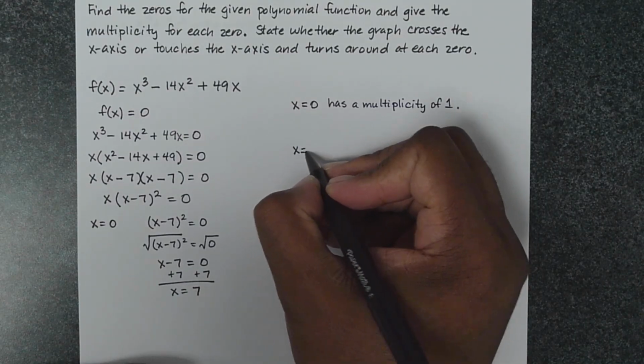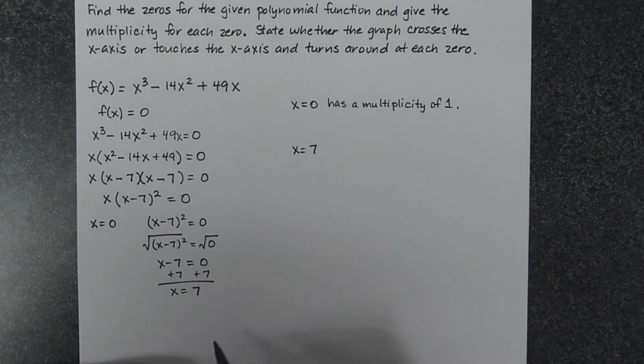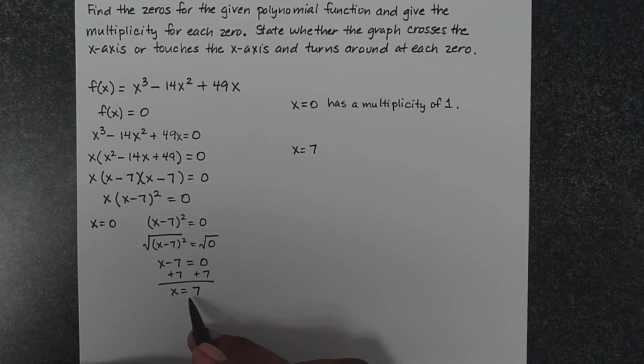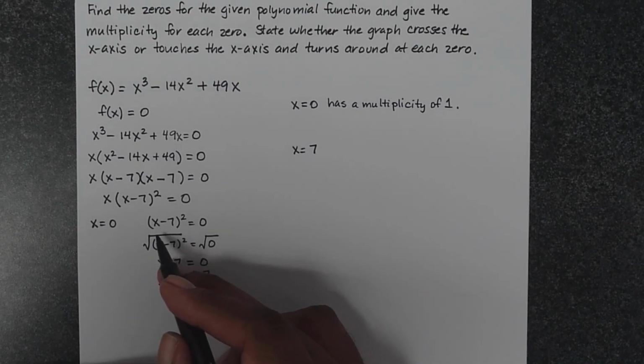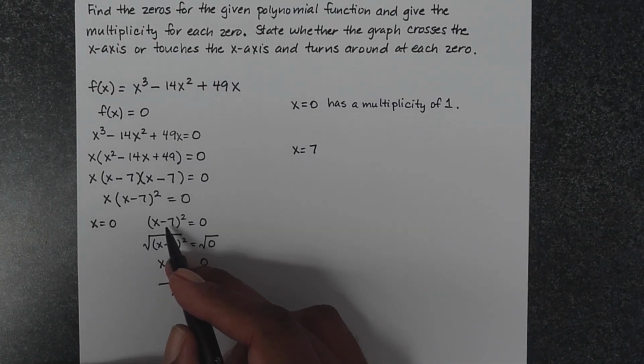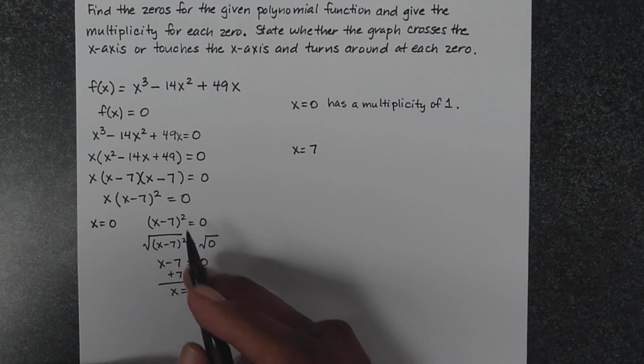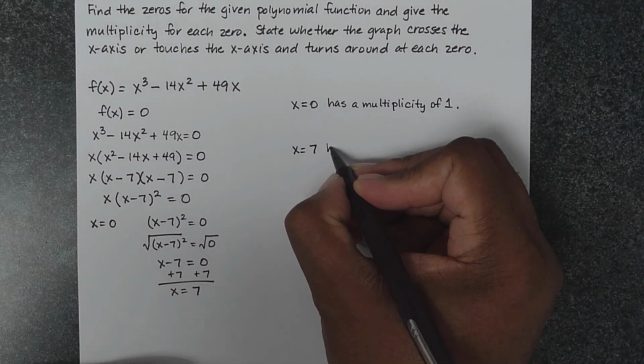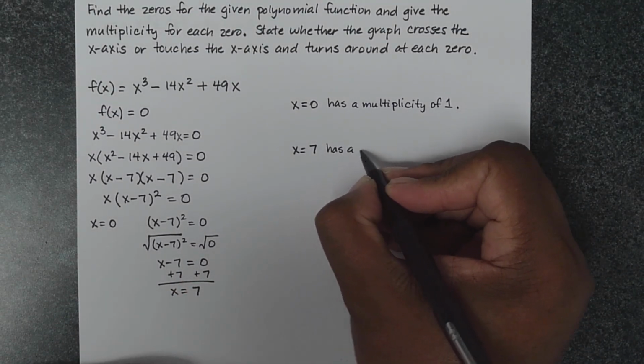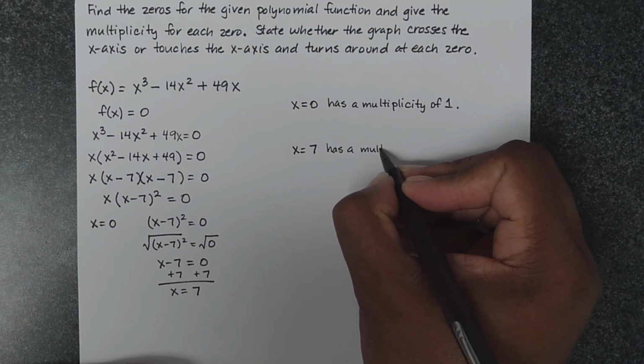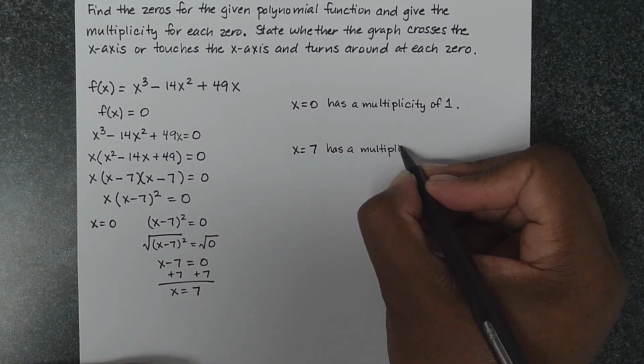And then for x equals 7, that came from the x minus 7 up here. The exponent for x minus 7 is 2. So that means x equals 7 has a multiplicity of 2.